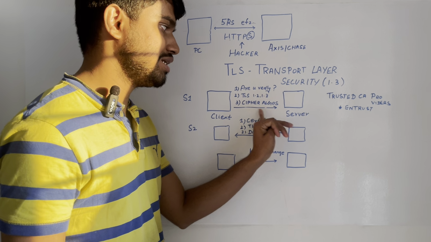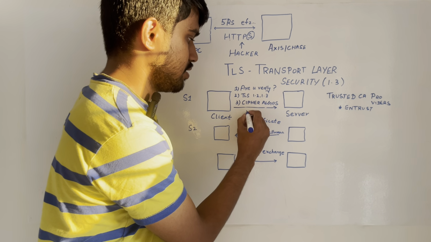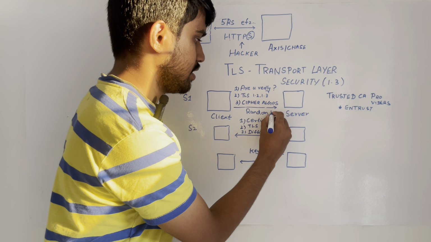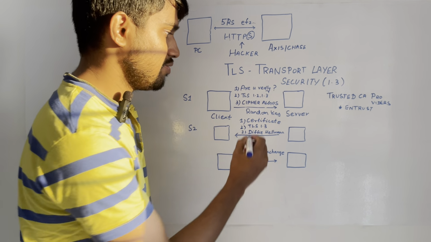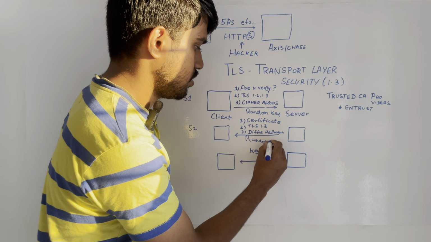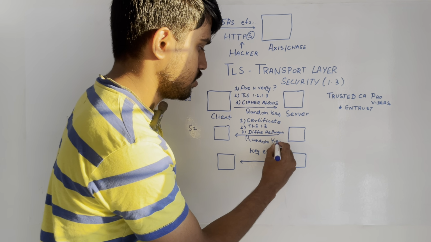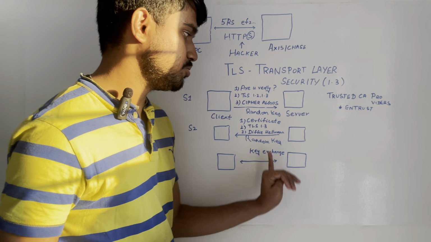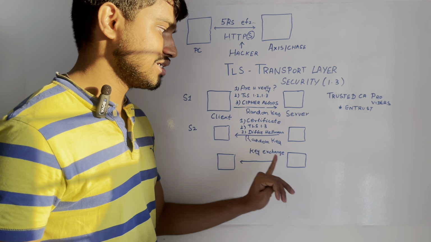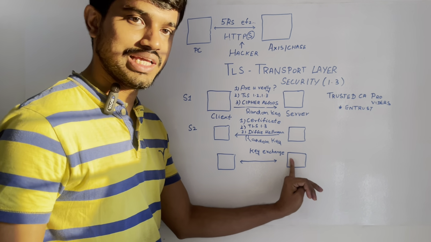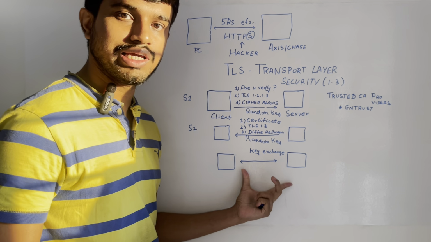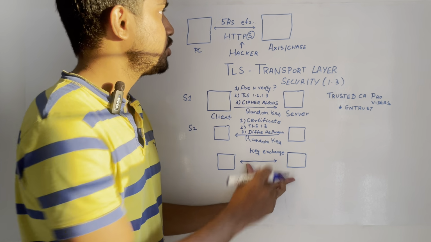So when starting, the client will share a random key, and the server will send a random key here, and then they will calculate using the algorithm on their side and using this random key. And in the key exchange, they end up with a secret key, and both are the same, and then they agree that okay, let's use this secret and a mathematical function to do this encryption.